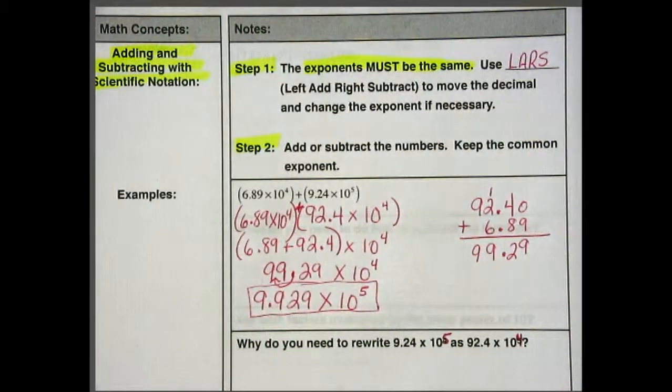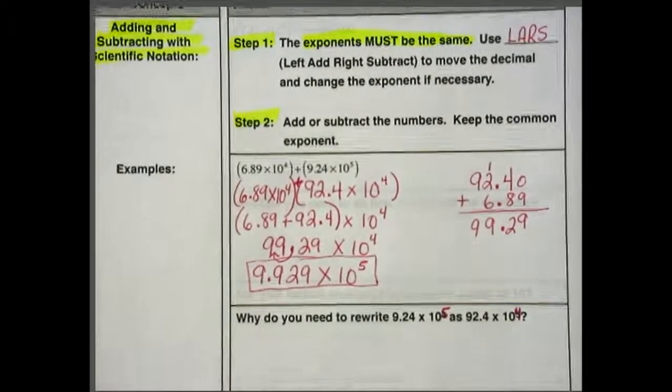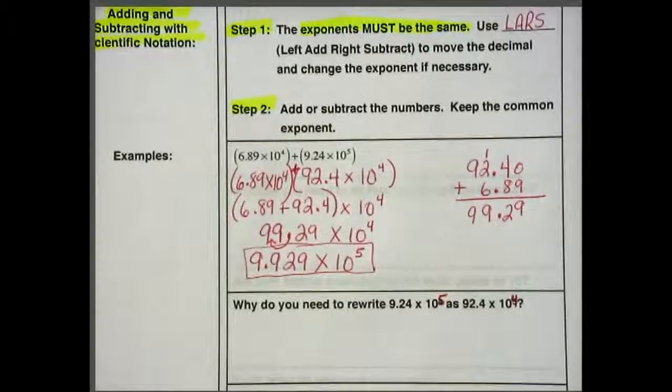Okay, I know it seems difficult. I want you to follow the steps and work along with me so that we can go through them together in class. All right, down below it says, why do you need to rewrite 9.24 times 10 to the 5th as 92.4 times 10 to the 4th?